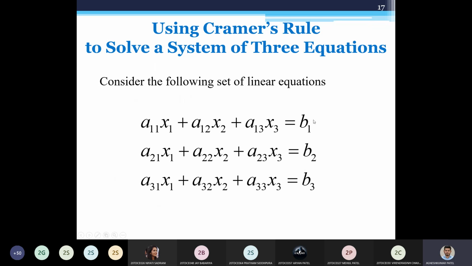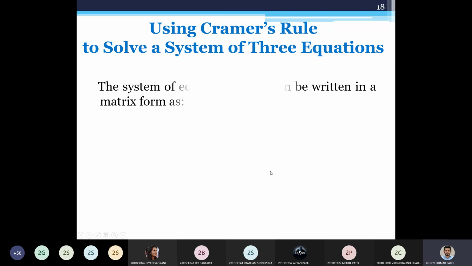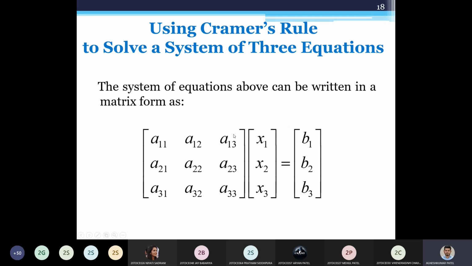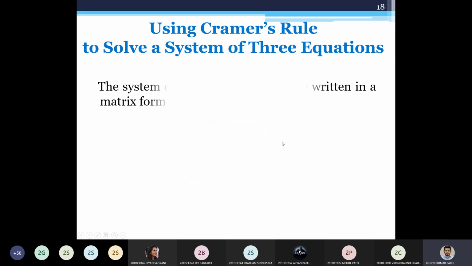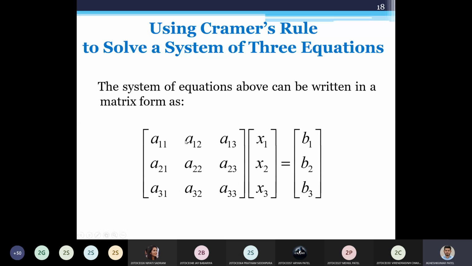Suppose this is the scenario. A11, X1, X2 and X3 are the three unknowns. To find out X1, X2 and X3, you can use Cramer's rule like this. So I'll prepare the equation like this: A11 X1, A12 X2 and A13 X3 was the equation. I have taken out the A coefficients and X1, X2, X3 in vector matrix form.